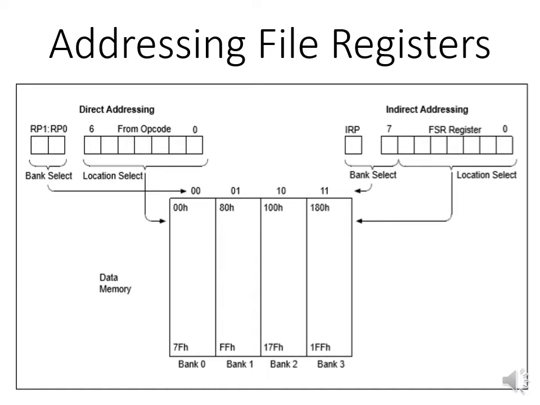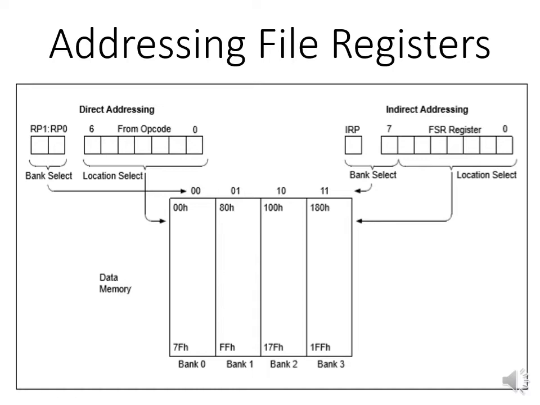The 9th bit is supplied from the register bank select bit IRP. So similarly, together, the bit IRP and the bits supplied by the pointer register will give a 9-bit address to identify the required file register. So similarly, IRP needs to be set accordingly before a particular file register is accessed using indirect addressing.